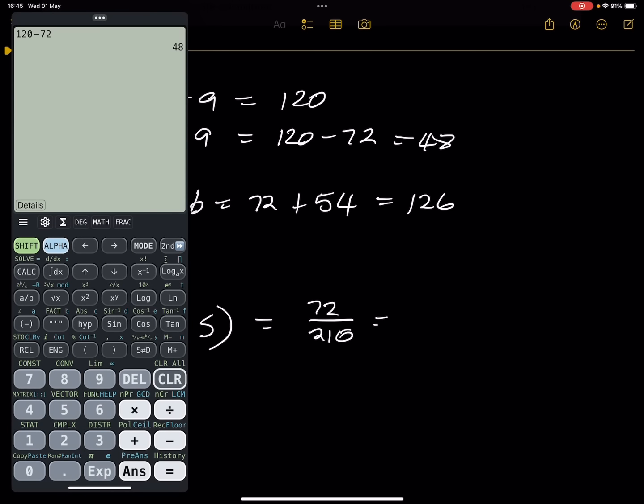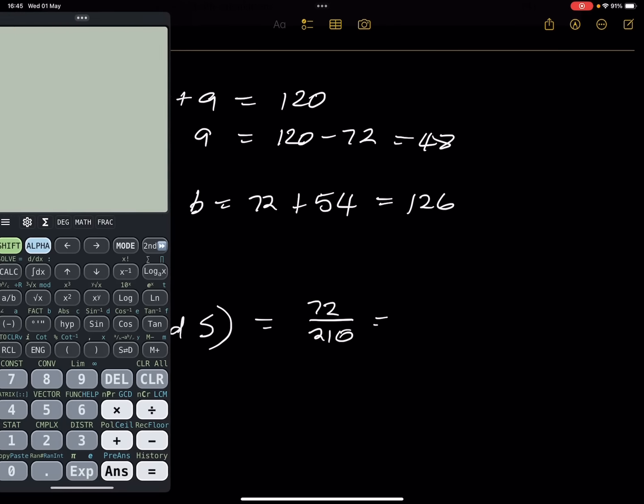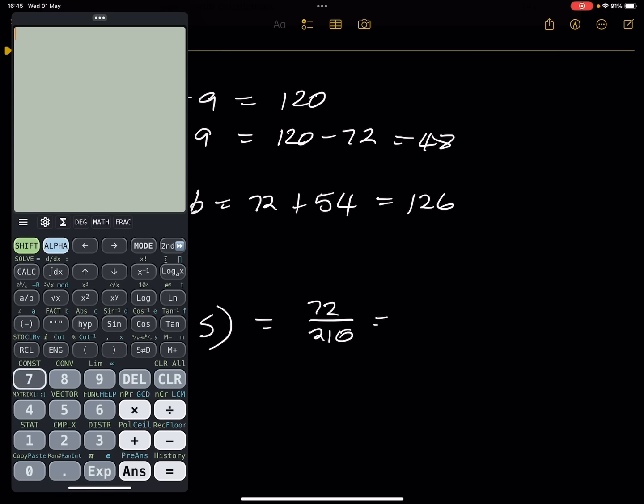Okay, right, so that's 72 divided by 210. This will give us 0.34, approximately. I'll just leave it as a fraction.